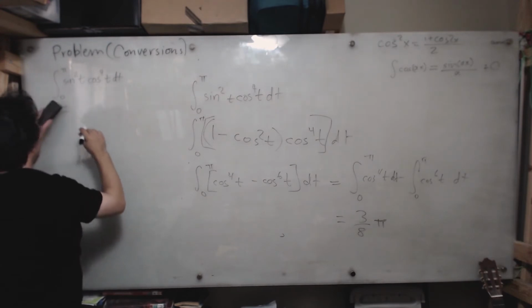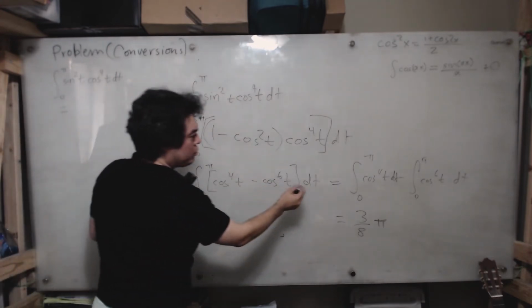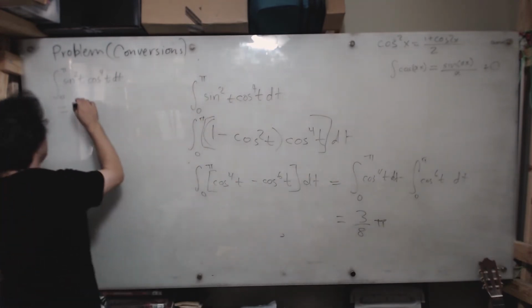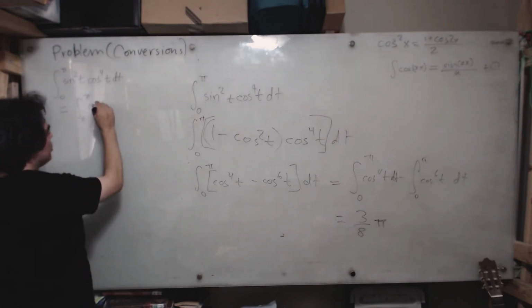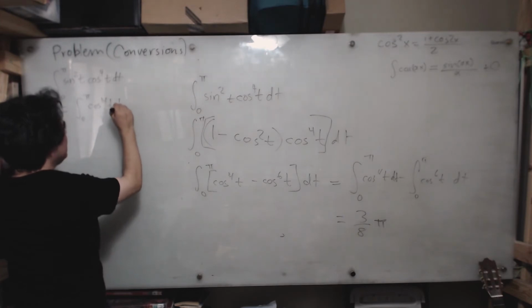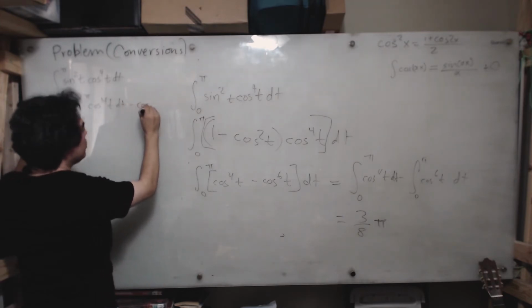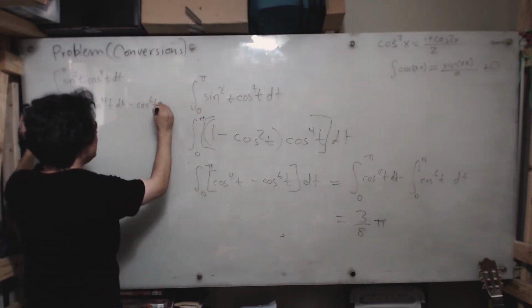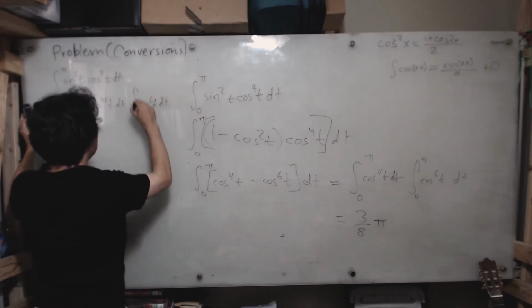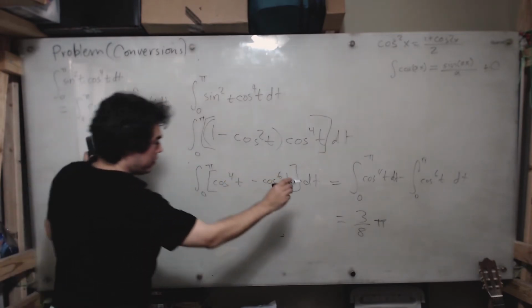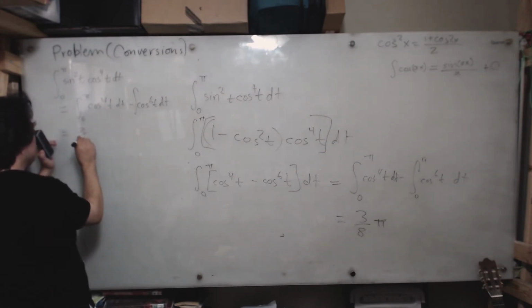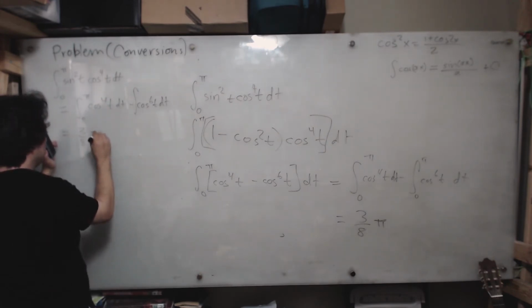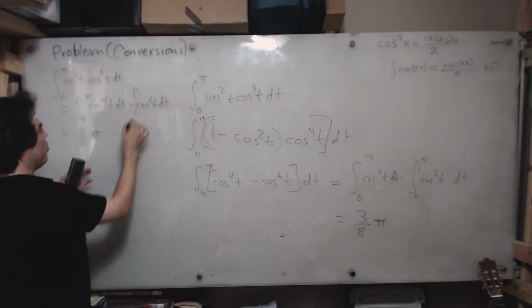We saw, I'm going to cut through all of this and write down there, the integral from 0 to pi of cosine to the 4th t dt minus cosine to the 6th of t dt. And then we already saw that this first integral is 3/8 pi.